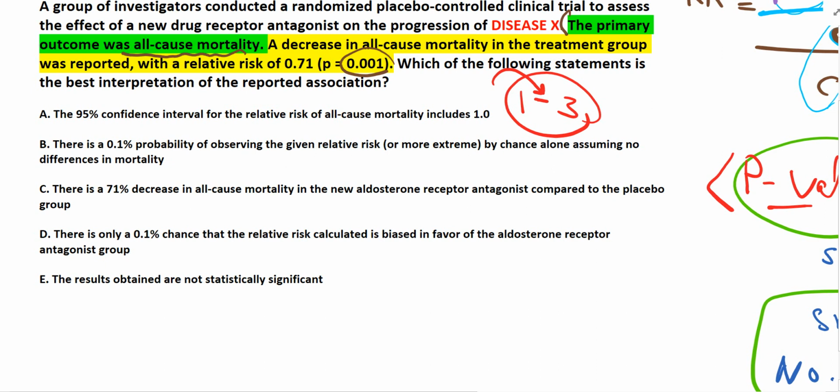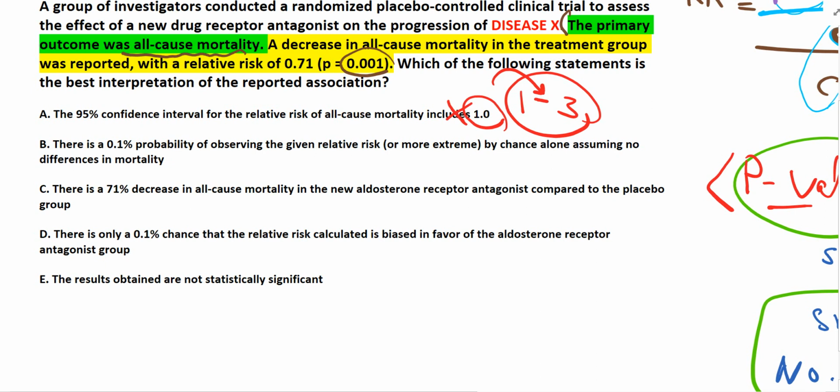So this cannot be the answer. The p-value is less than 0 or equal to 0.001. Here it's telling you 1. It has no significance. Remember, p-value should be less than 0.05.